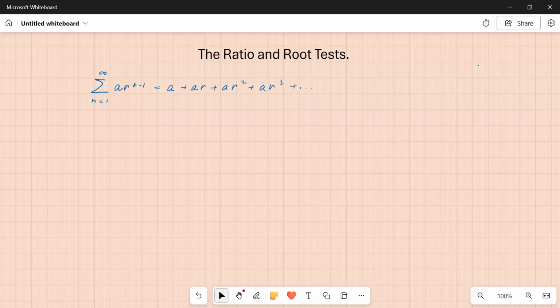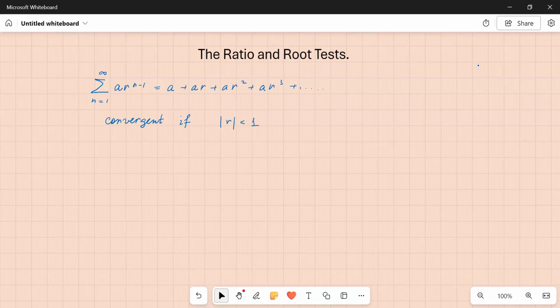We know that this series is convergent if the absolute value of r is less than 1. In all other cases it's divergent.